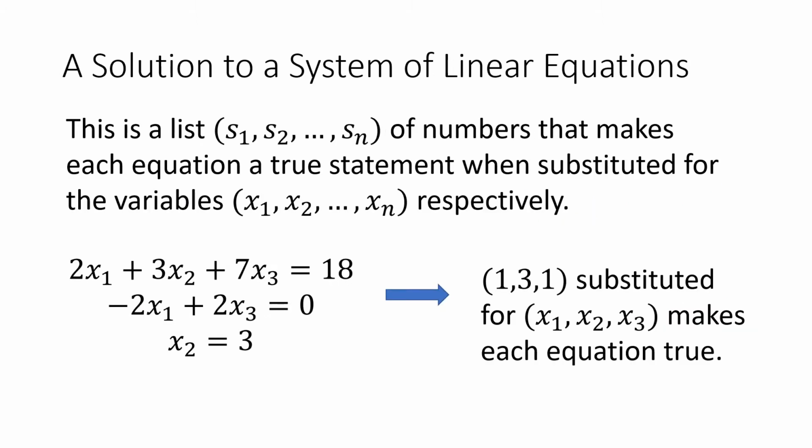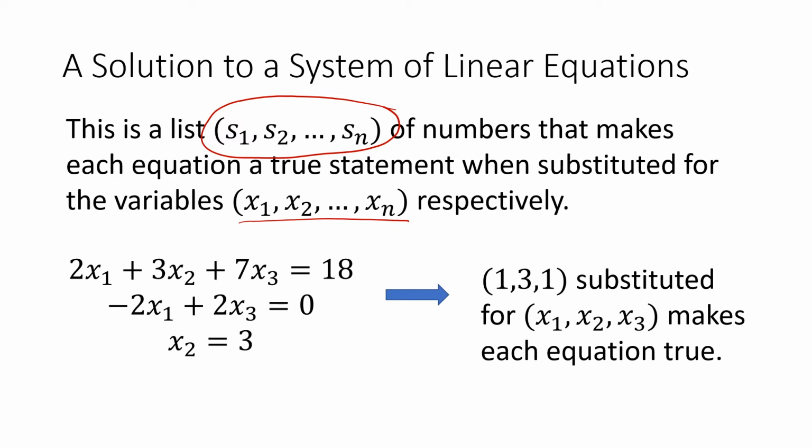We are going to be asked a lot to solve systems of linear equations. And the first major thing we're going to be seeing in this course is how to solve systems of linear equations. So, what is a solution to a system of linear equations? Well, a solution to a system of linear equations is a list of numbers that when you substitute them in for your variables, it makes everything true.